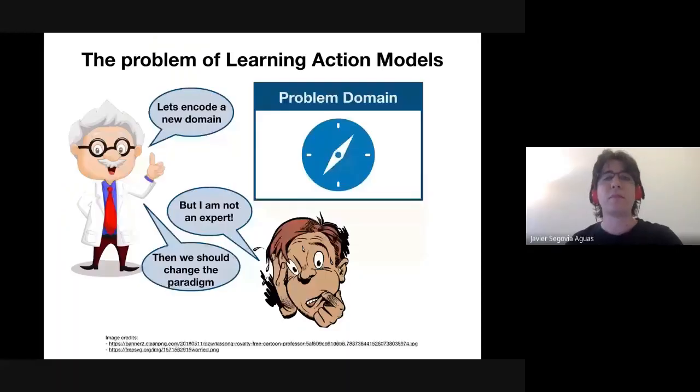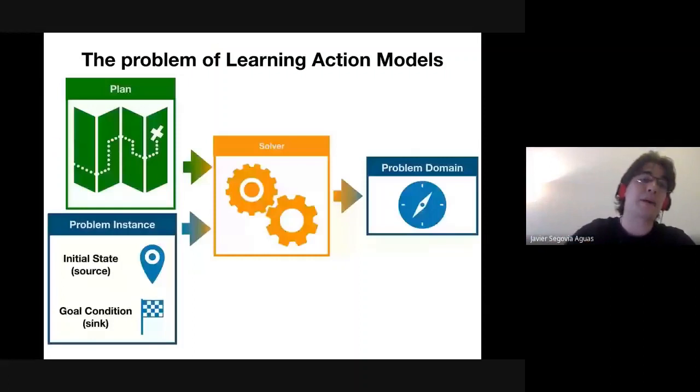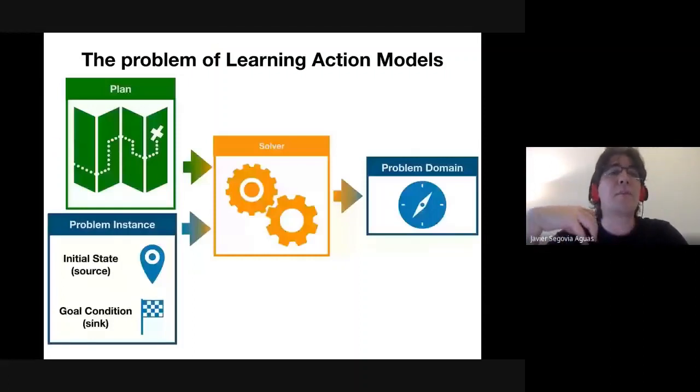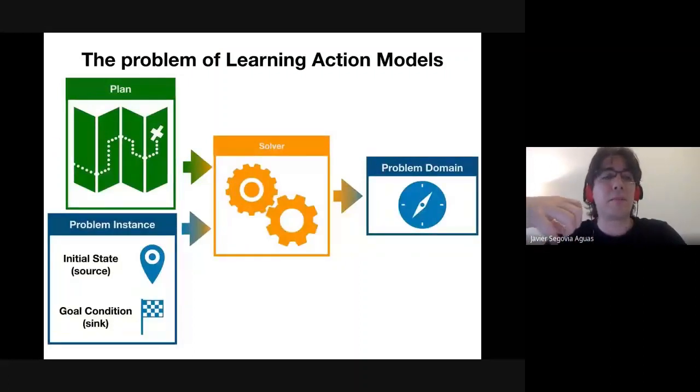this domain knowledge, because so far the domain knowledge is created by experts. But this knowledge can be learned. And what is the general picture? That we change the problem a little bit. Instead of the plan being the solution of our problem, like in classical planning, we have the plan as part of our input.